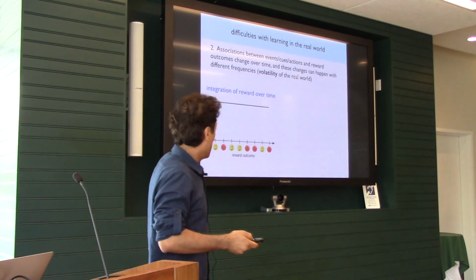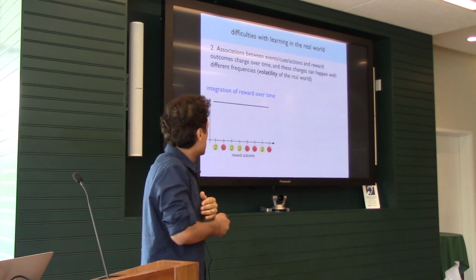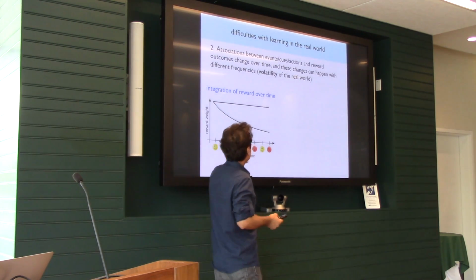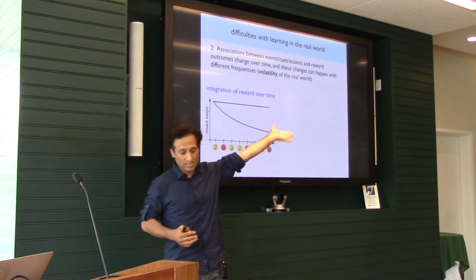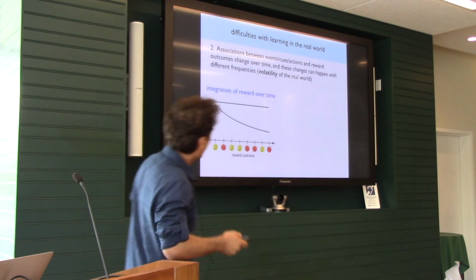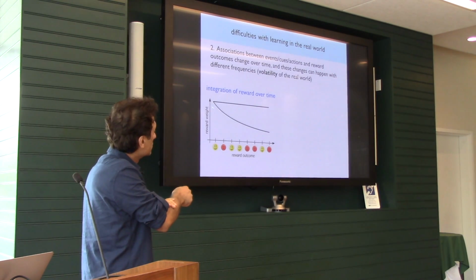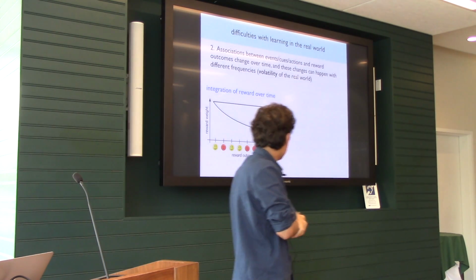So that sounds a nice option, except that your estimate is going to be off if the world has changed. Meaning that, looking back in time, you don't want past experiences from a very long time ago to affect how you value things. So probably you want to decay them over time. So you want to have some sort of decay in the integration of reward.